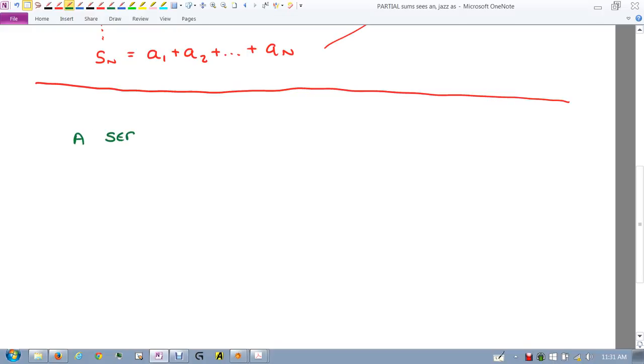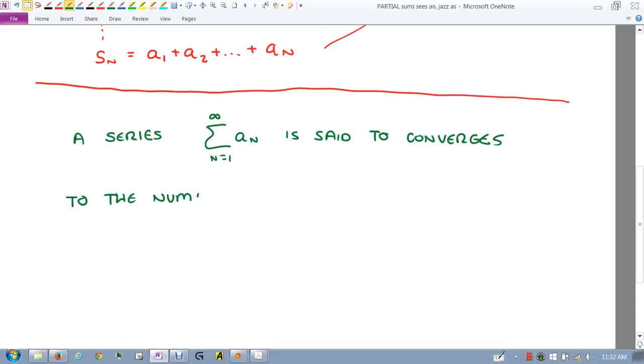A series, we'll write it this way, sum n equals 1 to infinity a sub n, is said to converge to the number capital S, which stands for the sum. That's the sum, right? The series is adding things up.